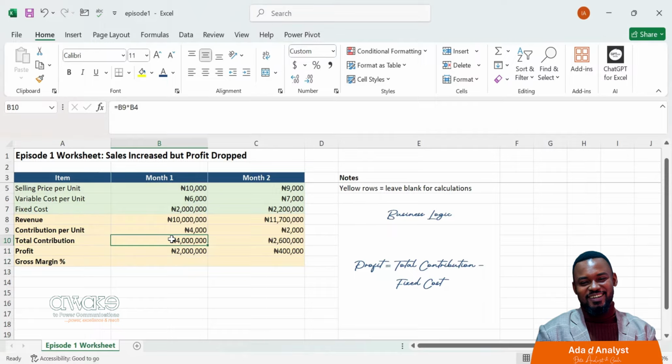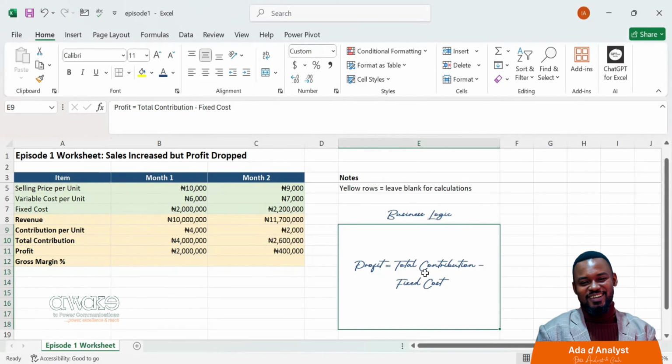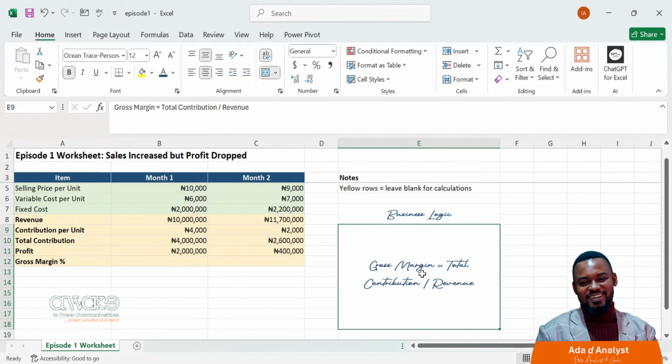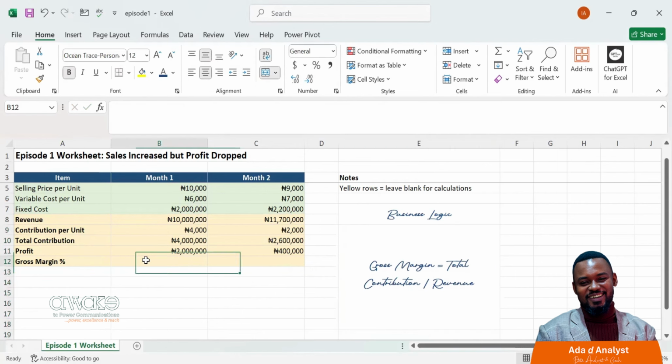So that means our gross margin can be total contribution divided by revenue, right? So our gross margin will be equal to total contribution divided by revenue. Let's do that here. We can say equals. Our total contribution is this, and remember our revenue is this, right?